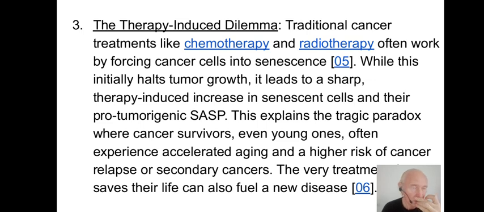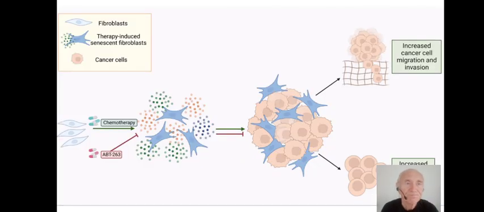So again, you see, these cancer survivors, they don't live too long. Even if they are officially cured, they live maybe 5, 10, maximum 20 years, and then the cancer relapses, or because of accelerated aging, they just pass away.